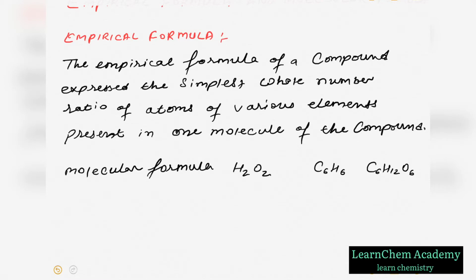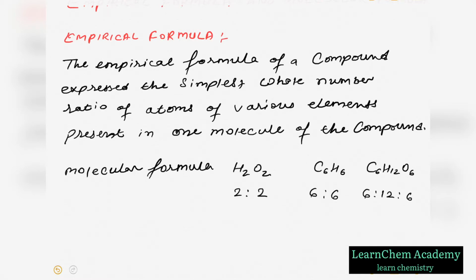So in case of H2O2, their constituent elements ratio will be 2:2, meaning here 2 hydrogen atoms and 2 oxygen atoms. Here in benzene we have 6 carbon atoms and 6 hydrogen atoms, and in case of glucose we have 6 carbon atoms, 12 hydrogen atoms and 6 oxygen atoms.